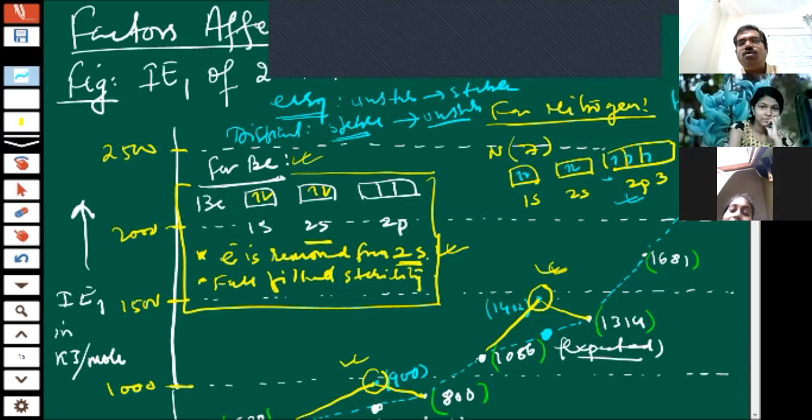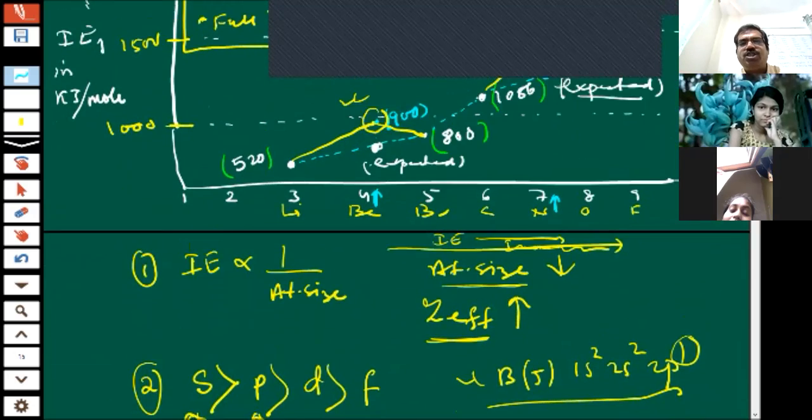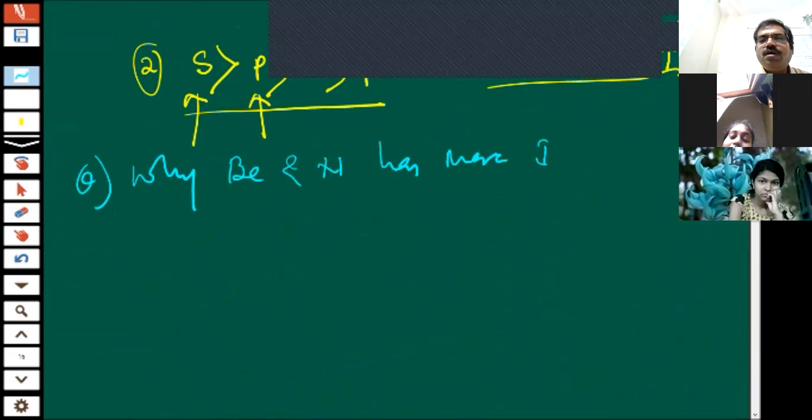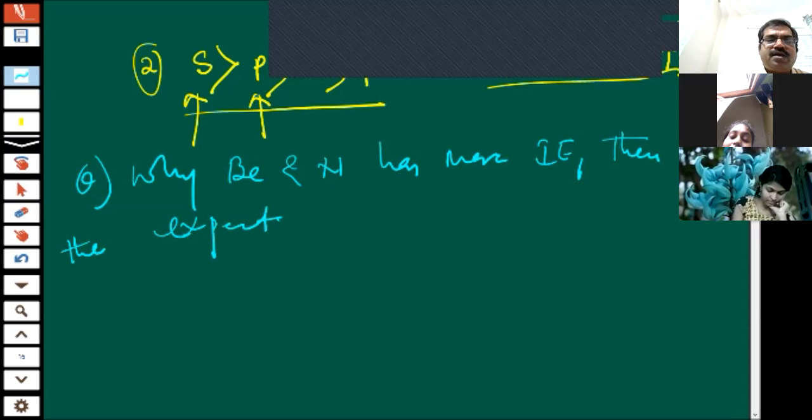Okay, so there will be two questions. The question will be: why do beryllium and nitrogen have more first ionization energy than the expected value? Can you write the answer in your own words?